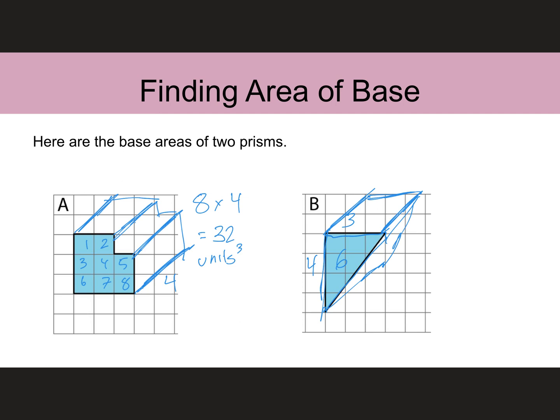I don't know. Something like that maybe? Let's say it has a depth of 5. So the front of my shape has an area of 6. And I'm going to multiply by how far back it goes, the depth of it, times 5. So it's going to have a volume of 30 units cubed.